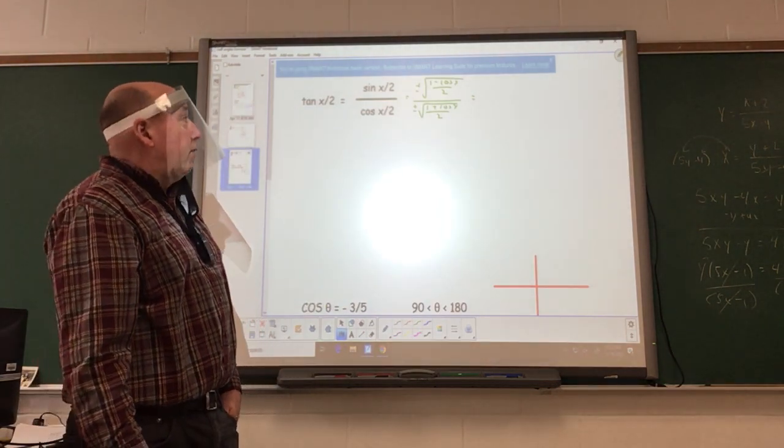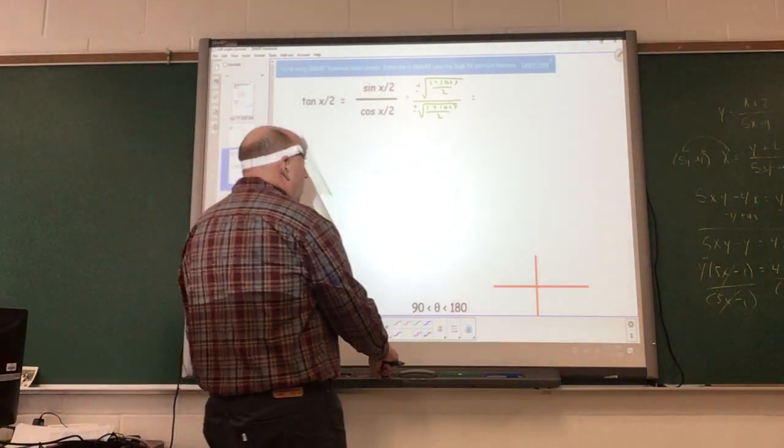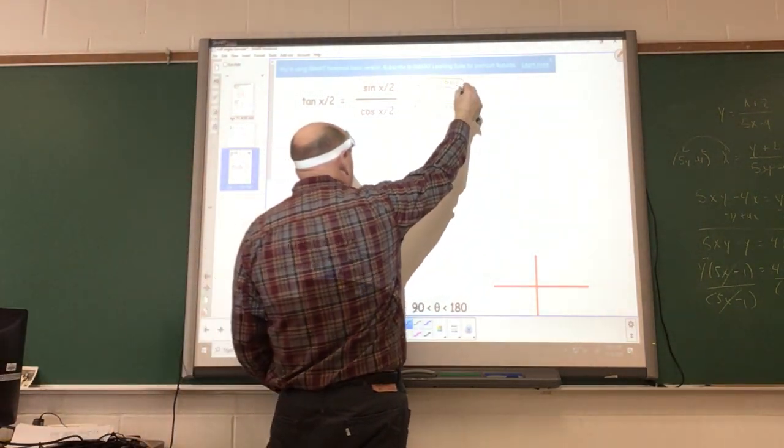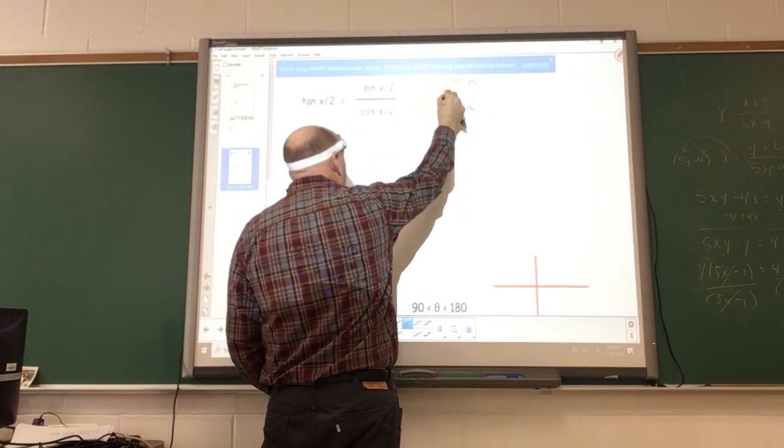Since we're dealing with division here and we have complex fractions, we can multiply top and bottom by square root of 2, and these will go away.